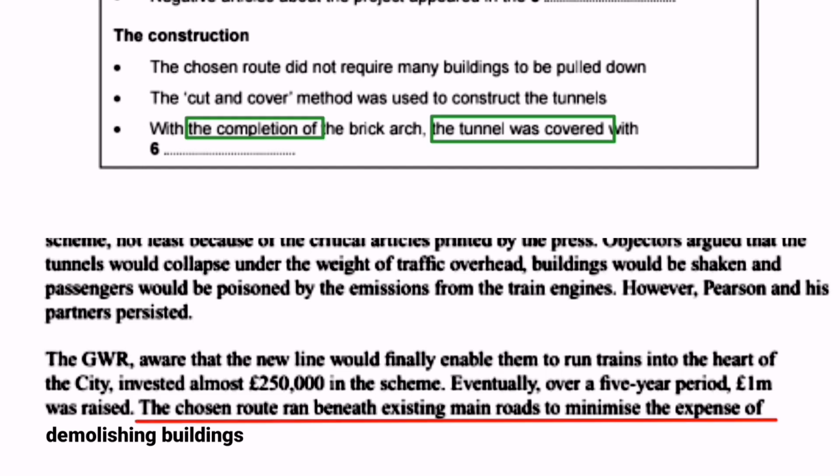The chosen route ran beneath existing main roads to minimize the expense of demolishing buildings. Chosen route is the keyword, and it is also written in the first point. It means that the route which was chosen for the underground did not require many buildings to demolish, and demolish is the similar meaning word to pull down.